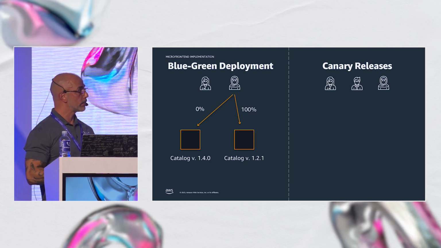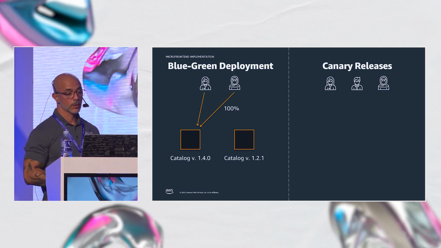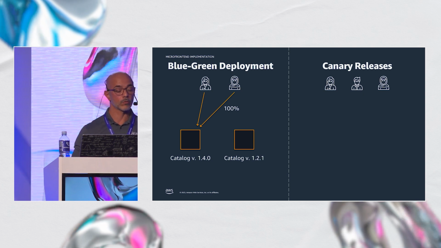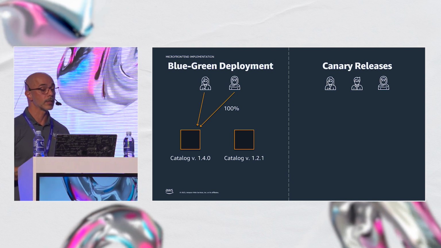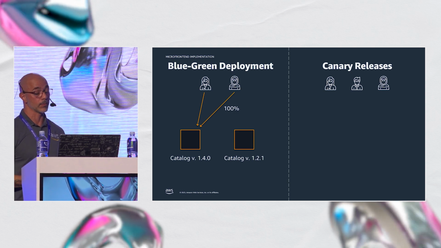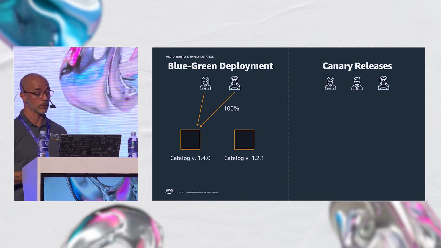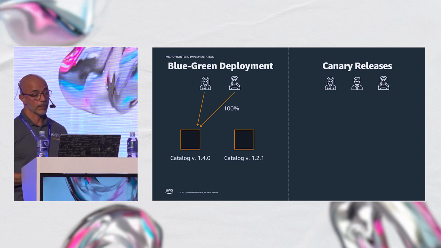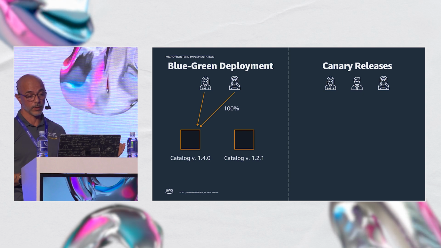It has certain implications, this approach. You have to be sure that version 1.4.0, for example, is working and it's working for everybody. But when you do web development, you're dealing with a lot of browser versions and other aspects that maybe are not really the best fit for blue-green.